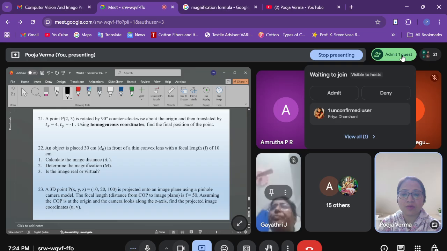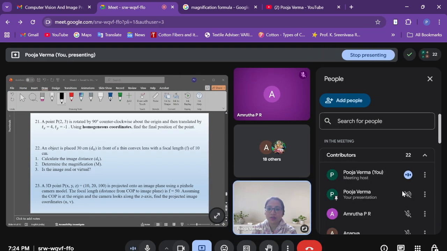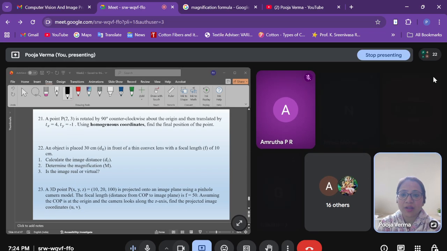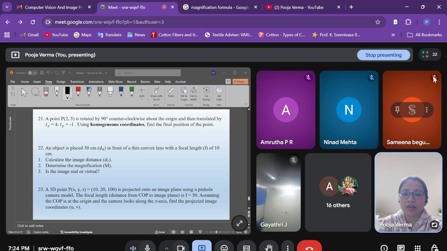Our question is: a point P is rotated by 90 degrees counterclockwise about the origin and then translated by Tx, that is 4 in the x direction and -1 in the y direction. Using homogeneous coordinates, find the final position of the point. Can we solve this question?